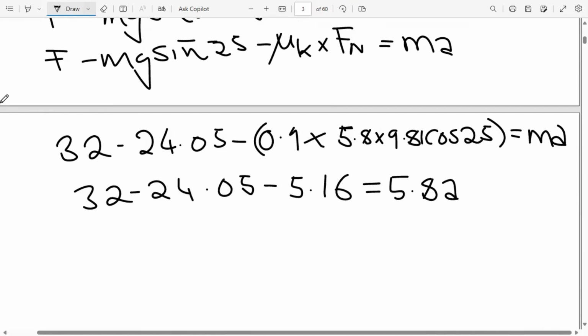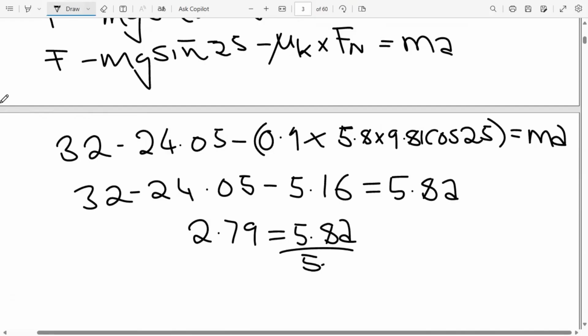So 32 minus 24.05 minus 5.16, rather 0.16, is equal to 2.79. So 2.79 is equal to 5.8 times acceleration.